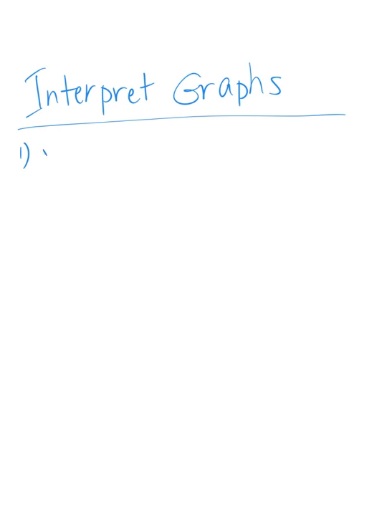So your first word is x-intercept. Does anybody think they know what it means? So x-intercept is where it crosses the x-axis.